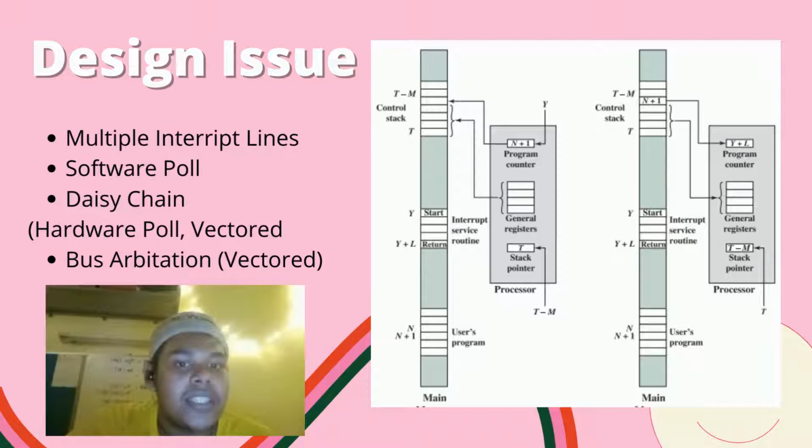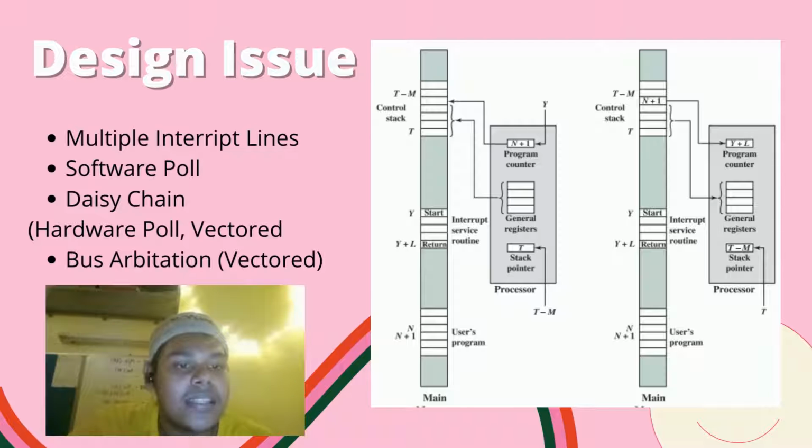A more efficient technique is the daisy chain, which is the third category to solve the design issue in input-output modules, and which provides in effect a hardware poll. For interrupts, all input-output modules share a common interrupt request line. The interrupt acknowledge line is daisy chained through the modules.